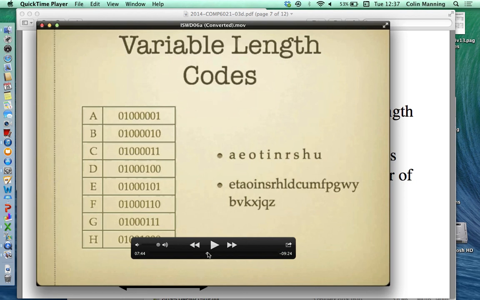So he went along to printers and had a look at their type trays. And he saw, for example, that most printers would have a lot of T's, a lot of E's, a lot of A's, and they didn't need as many Q's and as many X's. And so he used the number of letters a printer needs to print a document as a proxy for the frequencies.